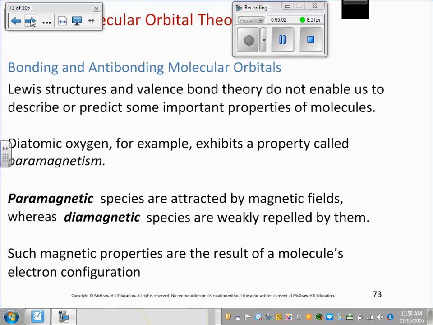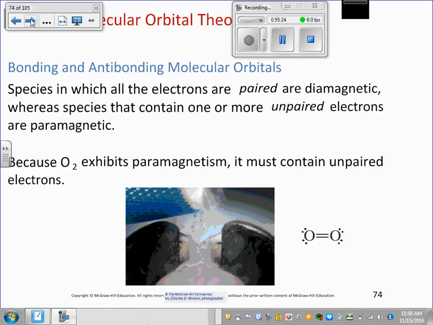Diatomic oxygen is paramagnetic, so it's attracted by magnetic fields. Diamagnetic substances are weakly repelled by them, and that has to do with the molecule's electron configuration. So, if all the electrons are paired, it's diamagnetic. If they're unpaired, it's paramagnetic.